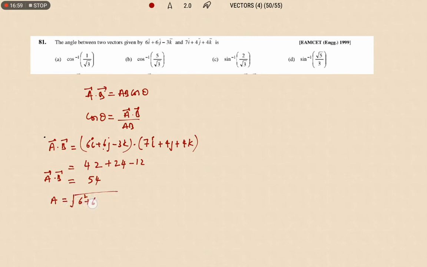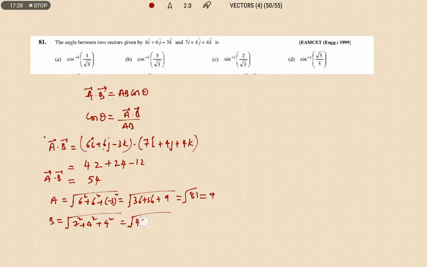Then mod A: 6 square plus 6 square plus minus 3 whole square. 36, 36, 9; 72 plus 9, 81. Root 81 gives 9. Next, magnitude of B: 7 square plus 4 square plus 4 square, so 49 plus 16 plus 16, that is 81.